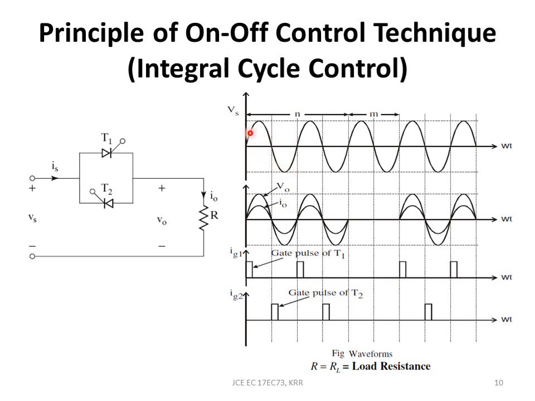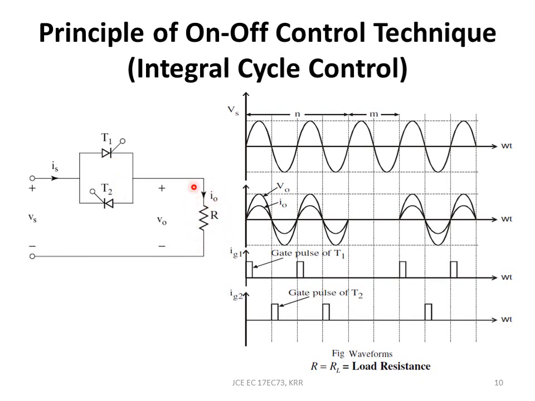So T1 conducts during the full positive half and T2 conducts during the full negative half. Since the currents are opposite to each other during both half cycles, I am going to get positive at the load when it is T1 and negative when it is T2. Hence this will be an AC voltage.